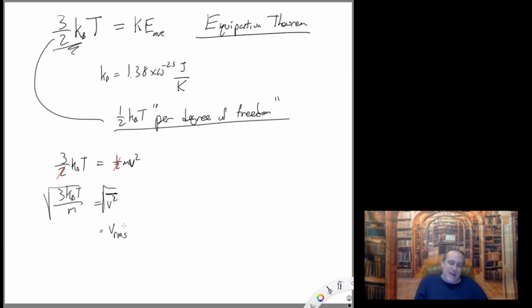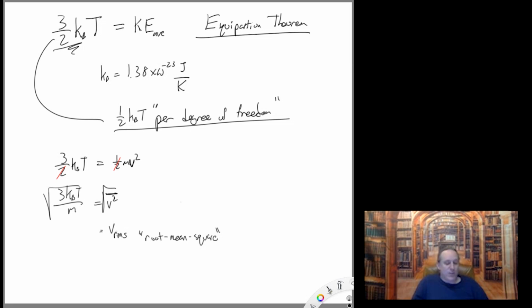RMS velocity. That stands for root mean squared. So the VRMS stands for the square root of the mean or average of the square of the velocity.